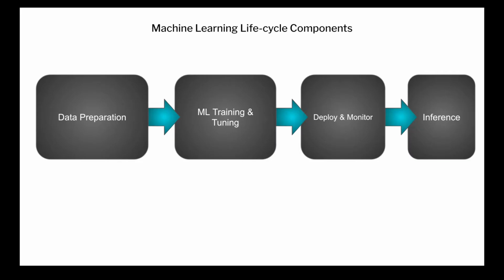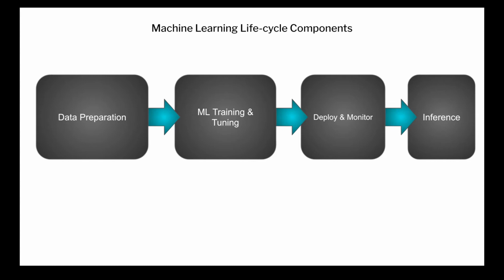If we go a little deeper into the machine learning life cycle, this life cycle is divided into 4 main components. The first one is data preparation, and the output of the data preparation component is the machine learning ready data.